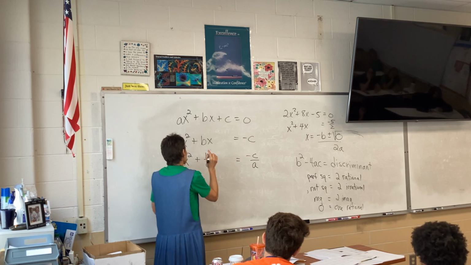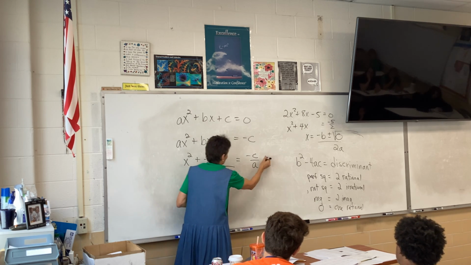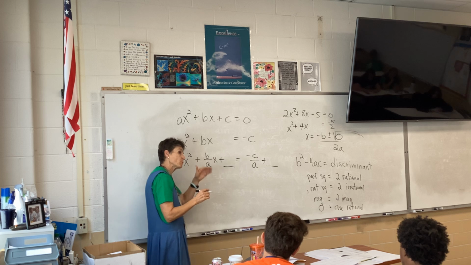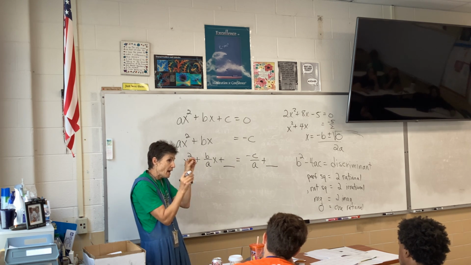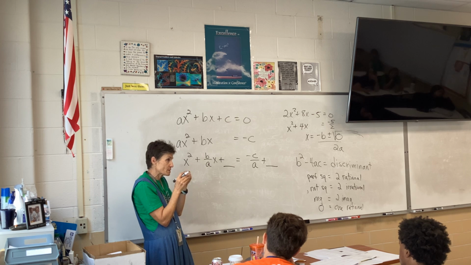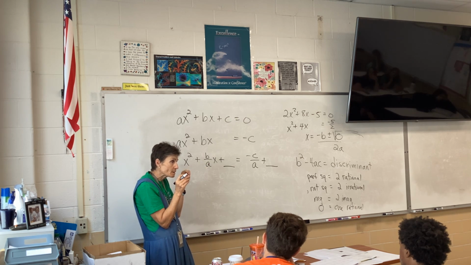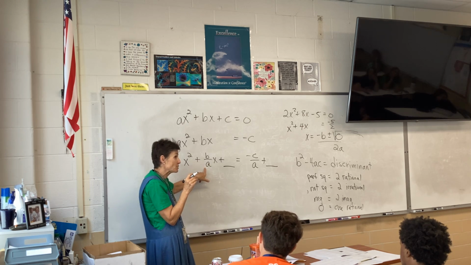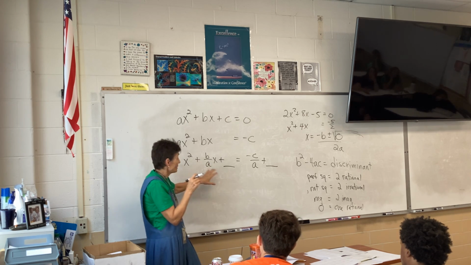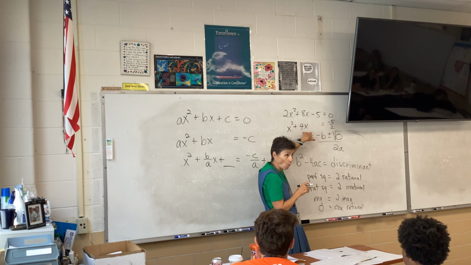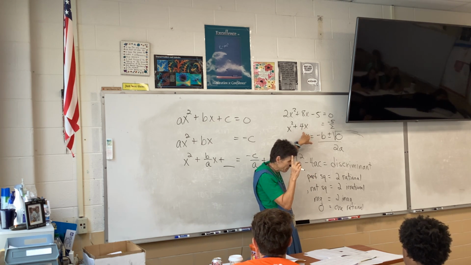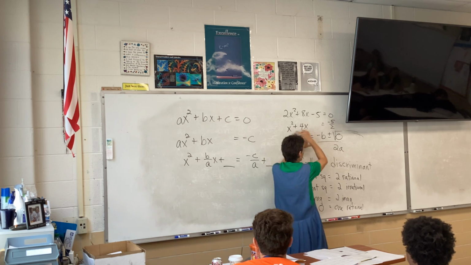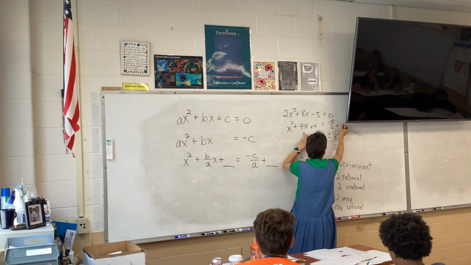Now, I'm going to add something. Does anyone remember the process, how we figure out what to add to both sides? Louis? You divide the first variable by 2. Okay, it's this one, the B term. So I have to divide, so in my example, I would divide 4 by 2, and then square it. So in this case, with the numbers, I would be adding 4 to both sides.